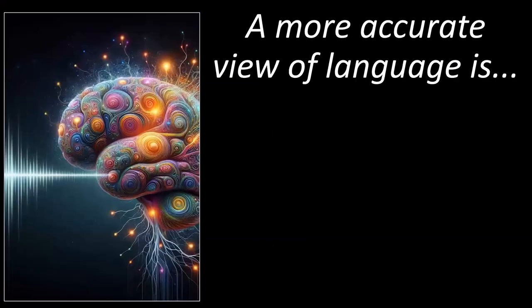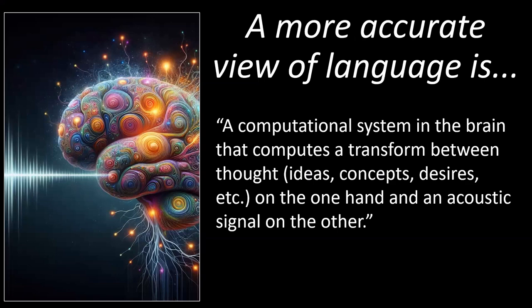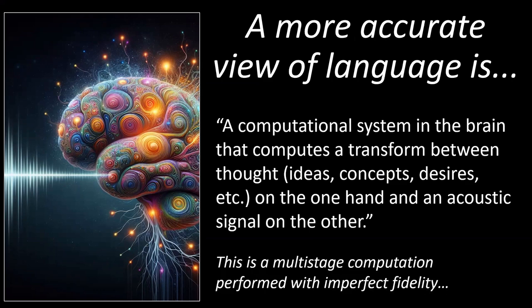We're talking about a system that is located somewhere in the brain, a computational system that basically allows the transformation of thoughts into an acoustic signal. This is a multi-stage computation. It involves multiple steps and it is performed with imperfect fidelity, because that's something we all know from daily experience.